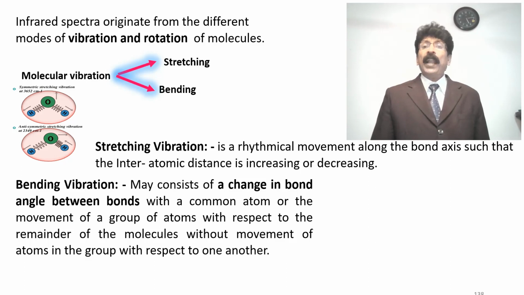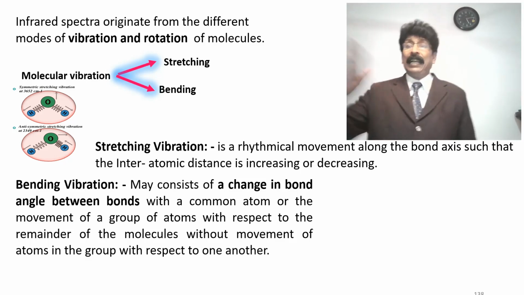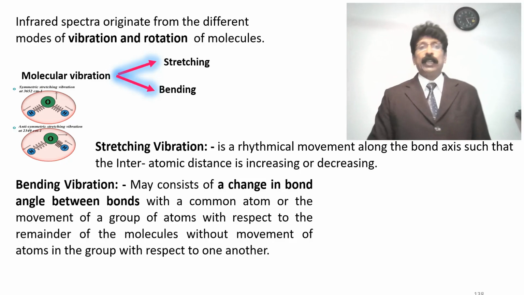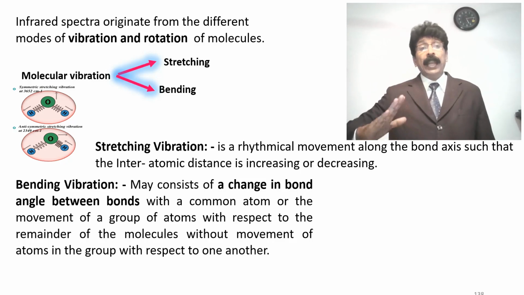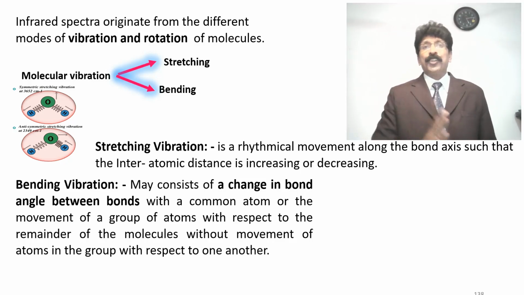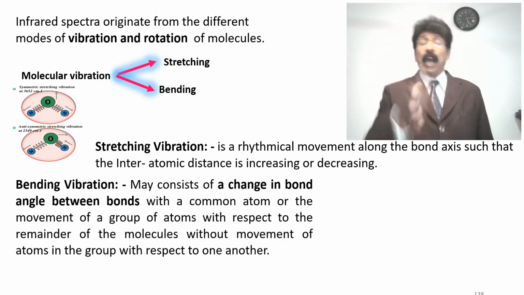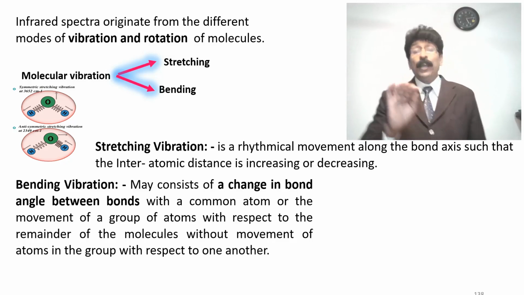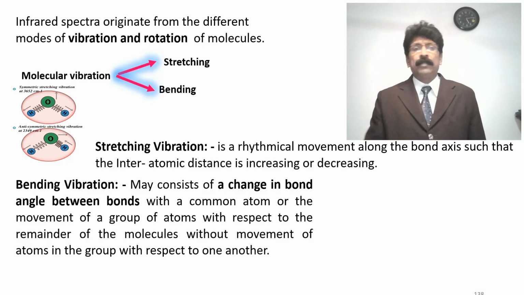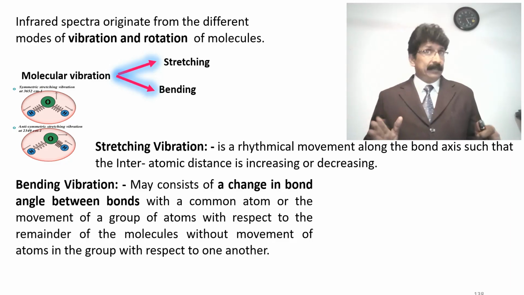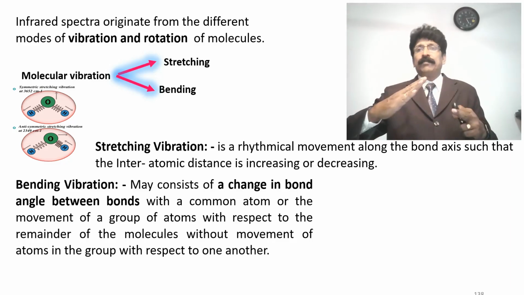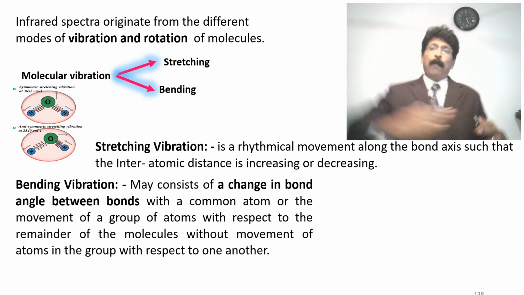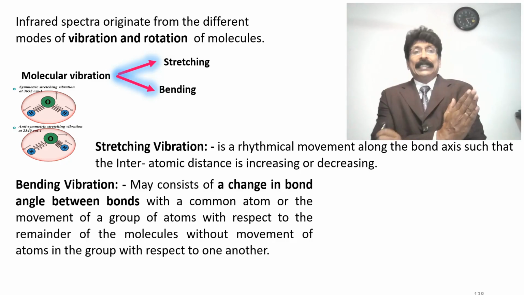So bending vibration can also occur. The angle can go like this. The bending vibration due to IR rays falling on the organic molecule may consist of a change in bond angle. The bond angle will change up or down or opposite, like a scissoring.